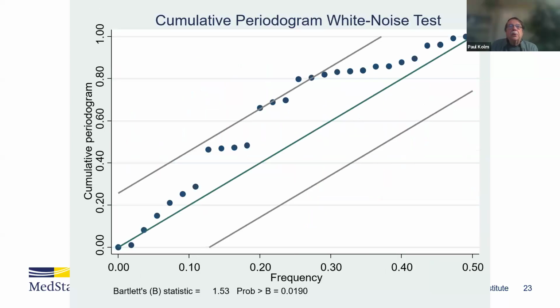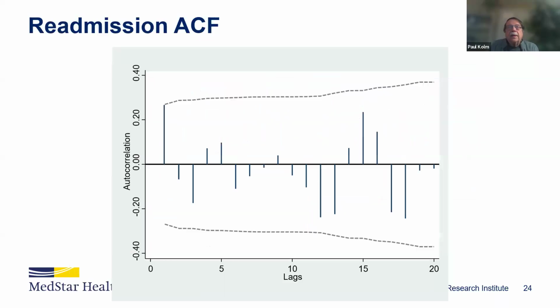So if we were to do a test for white noise, we would see that the current time series as is is not just white noise. There are differences in the distribution over time. And then this is just a picture of the autocorrelations over the different lags.